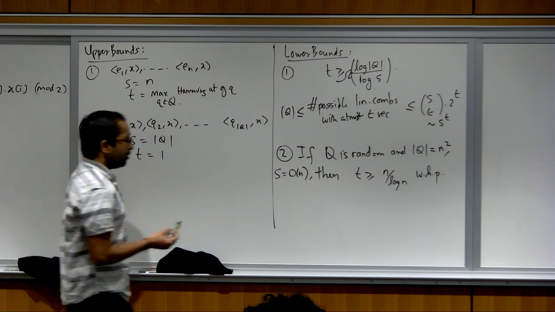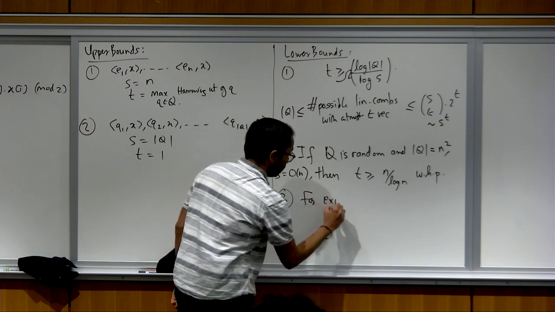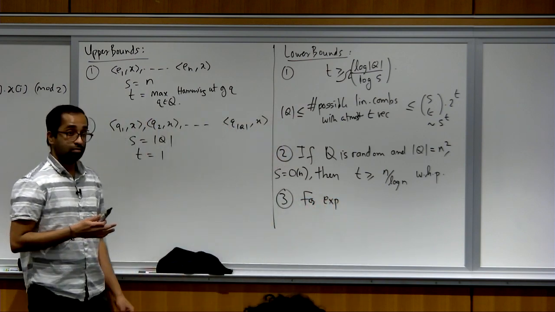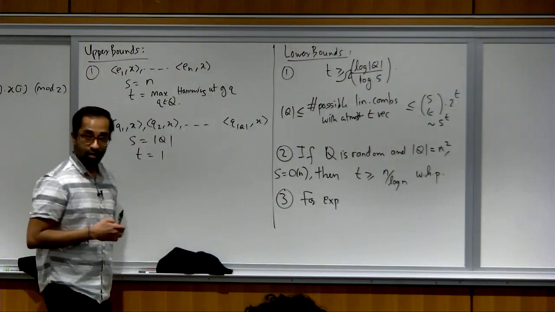Okay. And the third point here is for explicit Q. So the first one will give just a log n lower bound. Or no, it will give a constant lower bound. Yes, in this case, it will give a constant lower bound. But the random one tells you that it should be as big as n, or n over log n.